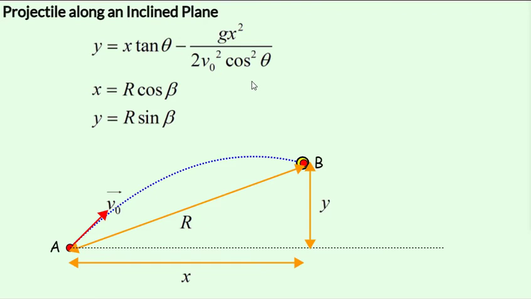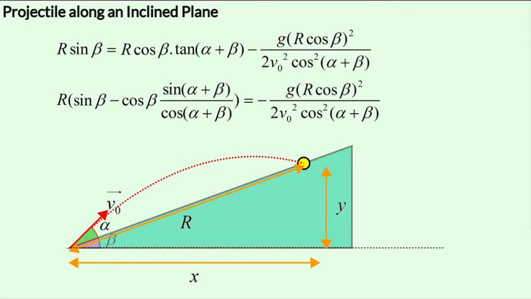From here, it is purely mathematical manipulation. We get this rather complex looking form after substituting for x and y into the trajectory equation. For y, we have substituted r sin beta, and for x, we have substituted r cos beta here and here.